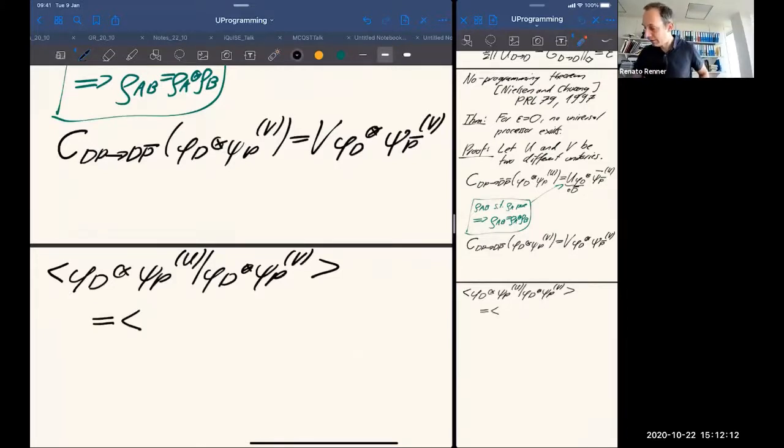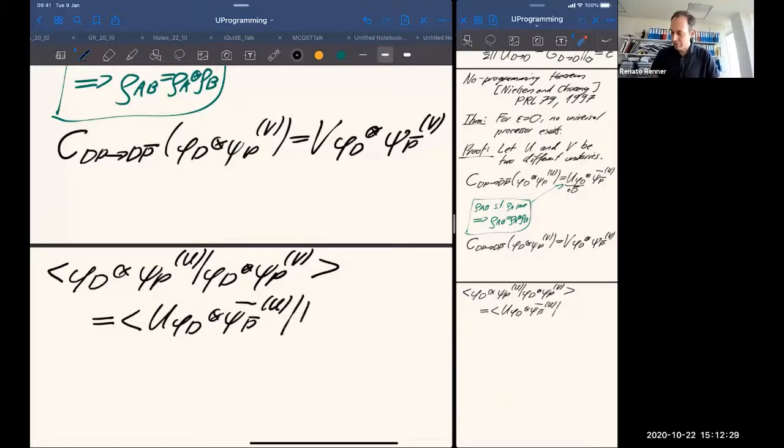So see it here on my slide, or on my notes here. And the scalar product here is of the form U phi d tensor psi bar p bar of U, and then the same with V. So that's essentially what we have.